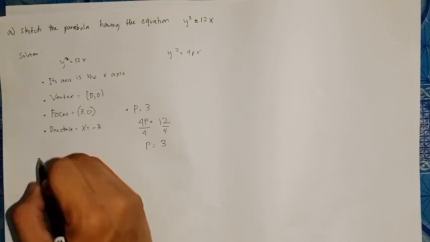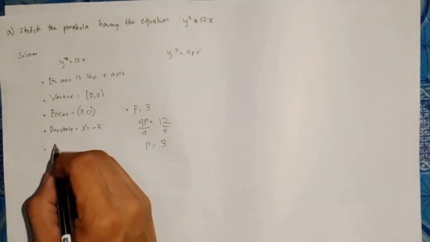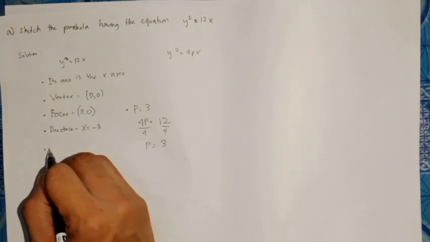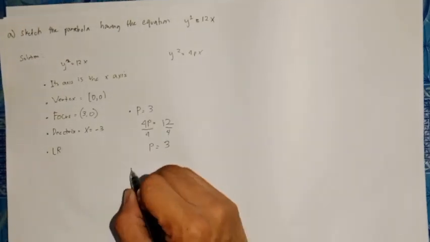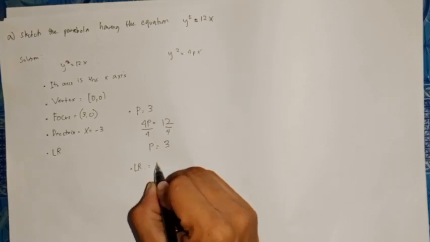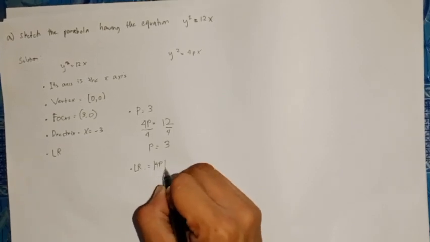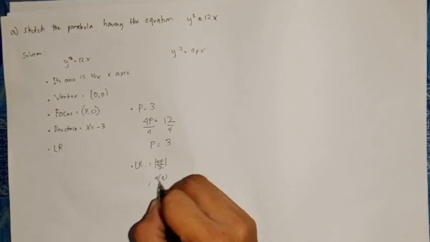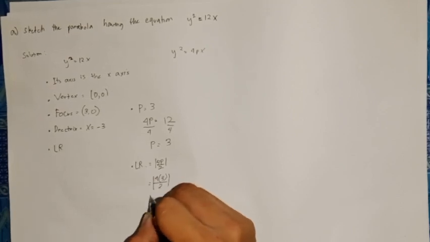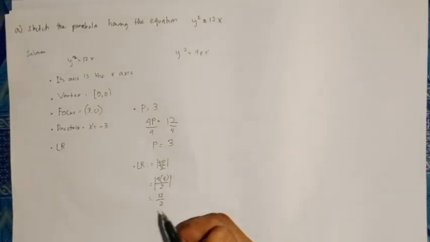Next, we'll find the latus rectum, or the endpoints of the latus rectum. To find it, we will use the formula: latus rectum is equal to absolute 4p over 2. Our p is 3, so 12 over 2 is equal to 6.